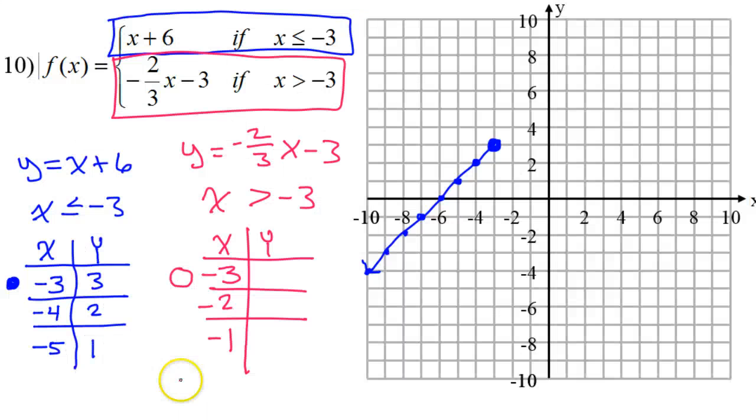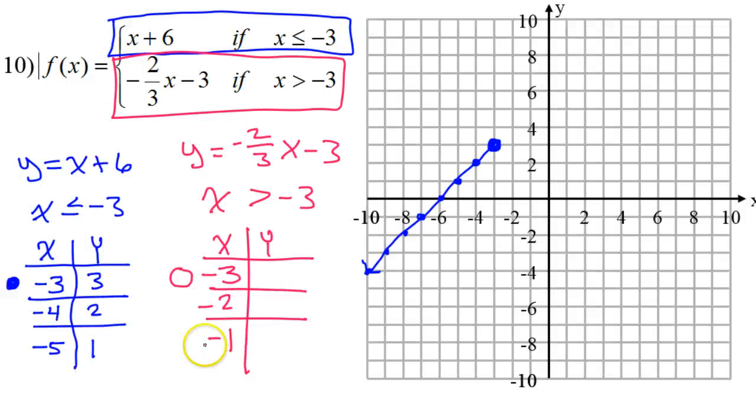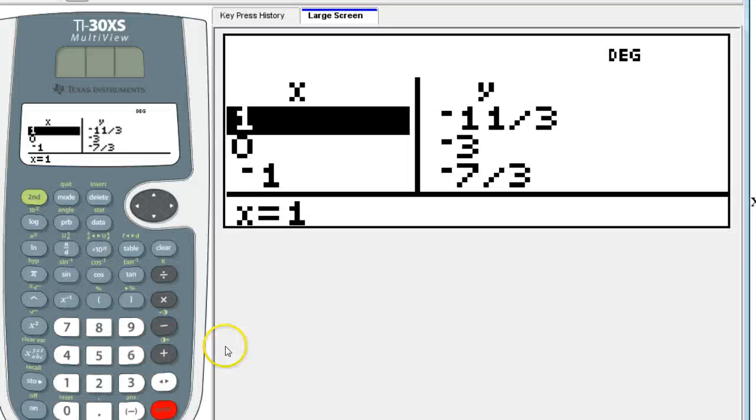We want to start at negative 3. Actually, that doesn't even matter because we're using ask mode anyway. So I'm just going to hit enter a few times. Now we want to do negative 3, negative 2, negative 1.